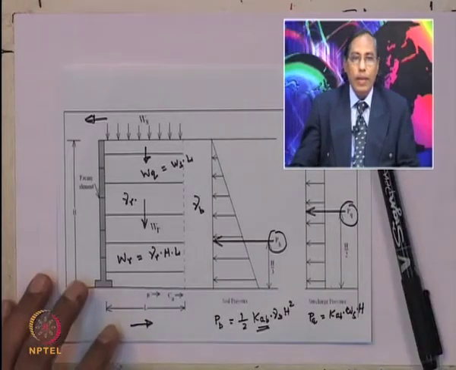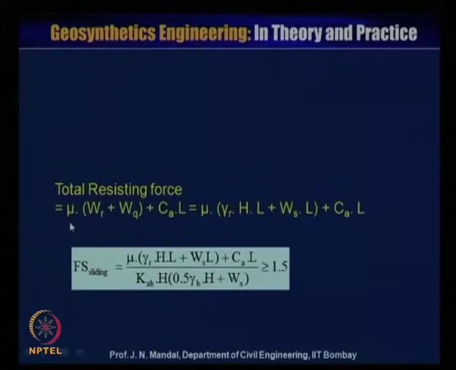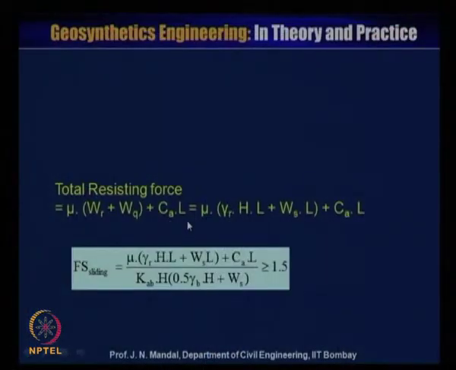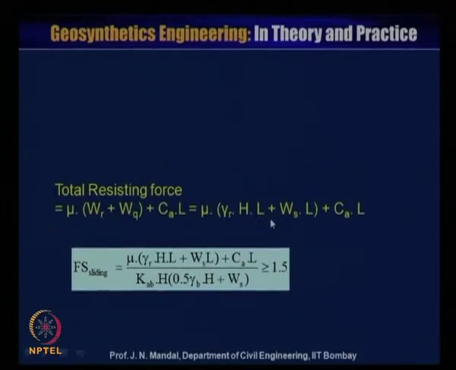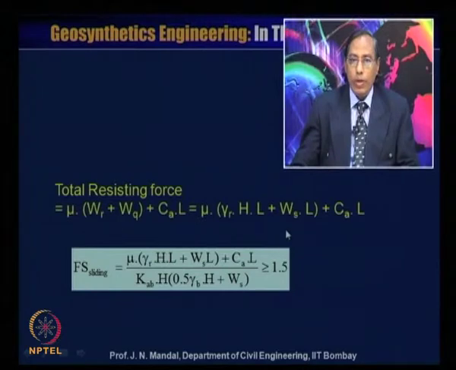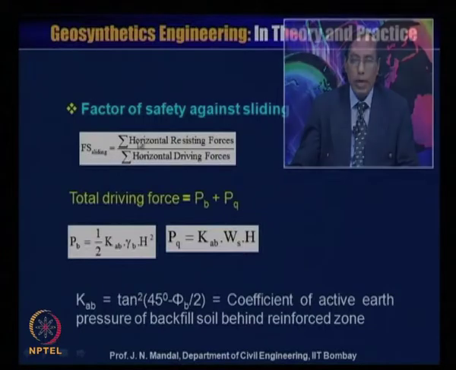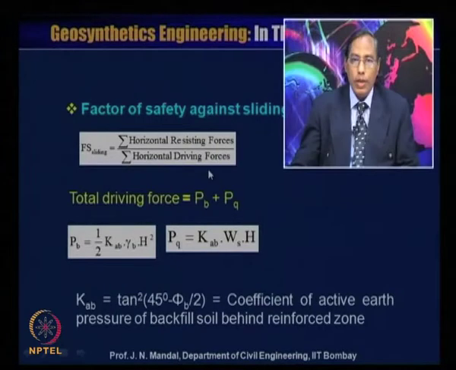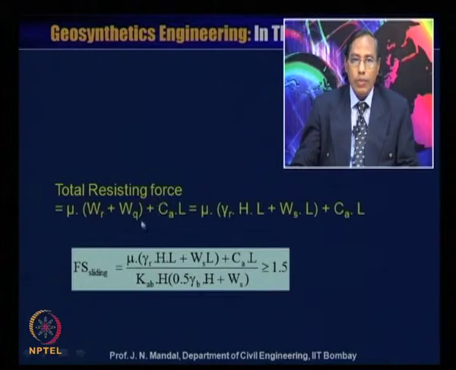So, you can see here this total resisting force. We can write mu into (WR plus WQ) plus CA into L is equal to mu into WR, meaning gamma R H into L, plus WQ, which is WS into L, plus CA into L. Now, if you substitute this equation, the factor of safety against sliding is the horizontal resisting force divided by the horizontal driving force. The driving force you know, this plus this, and the resisting force you know this.